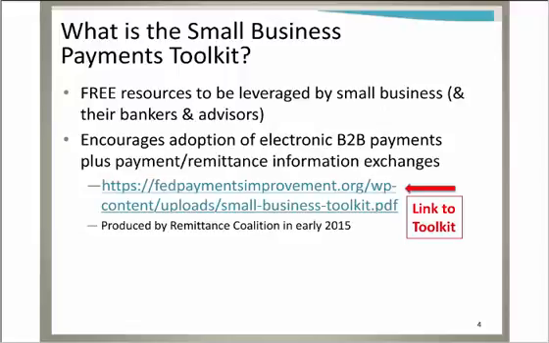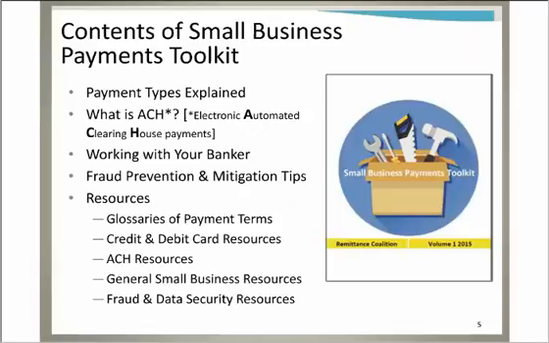Slide 5 has the contents of the Small Business Payments Toolkit. First, it tells you about particular payment types. You'll see a lot of content about what we call ACH, which stands for Automated Clearinghouse, because ACH is a great way for small businesses to get started on electronic payments, and we'll be talking about that more in a minute.